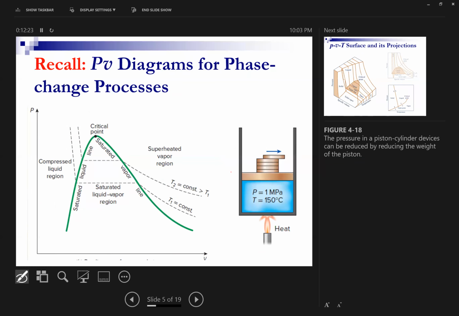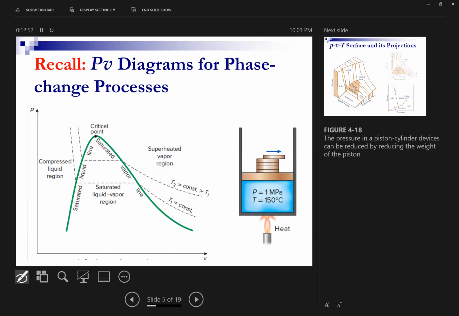And the results are these dashed lines. Okay, if I increase the temperature, I will have similar dashed line, but in higher, right, in above the previous line. If I repeat this experiment for various temperatures, right, and I keep all of them constant temperatures, I will have lots of these dashed lines.